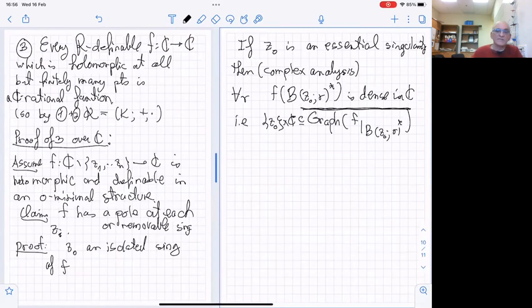Okay, take a second to think why this is the case, but it's easy to see that this is true. Actually, I didn't need it even for all R. It just worked if I did it with the punctured C, but never mind.